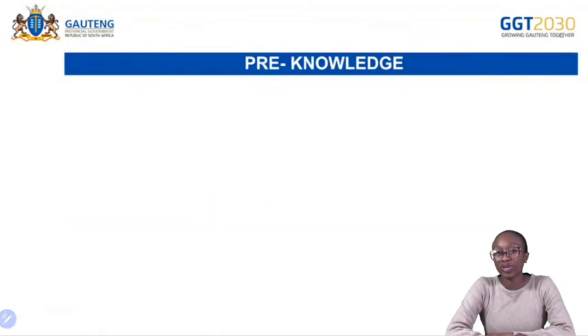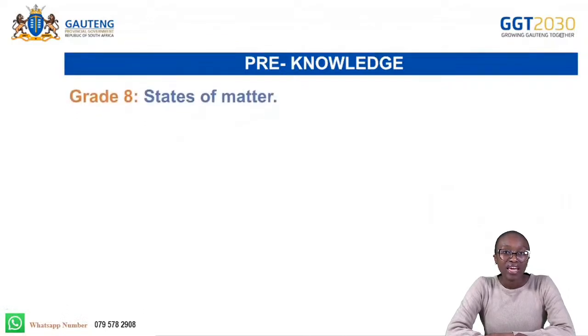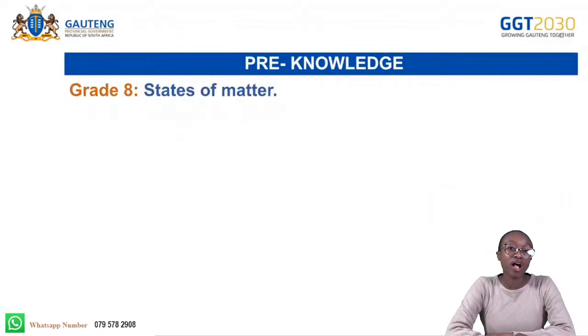Now let's go through pre-knowledge. So this is a trip down memory lane. So far in the 8th grade, we have learned about the states of matter and helped to explain the arrangement of particles in the 3 different states of matter, the spaces between the particles in the 3 different states of matter, and the energy that the particles possess in the 3 different states of matter.